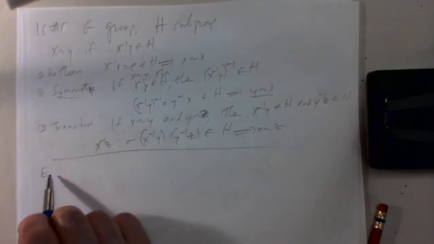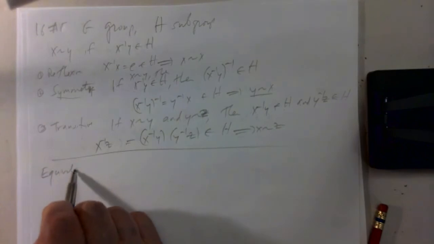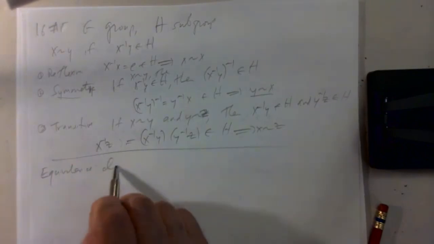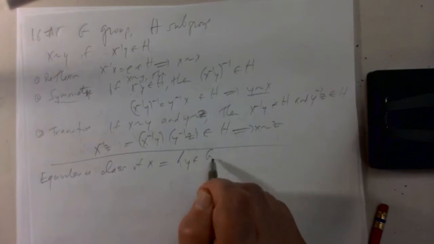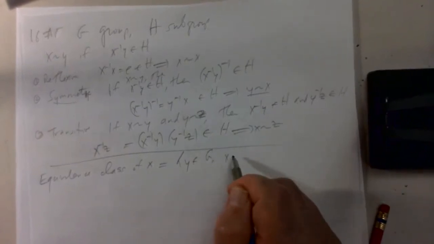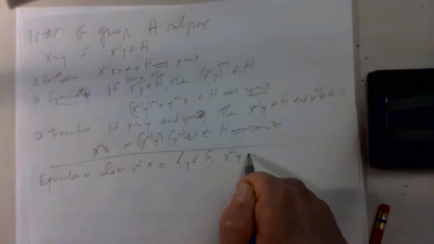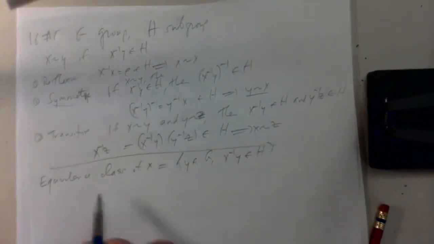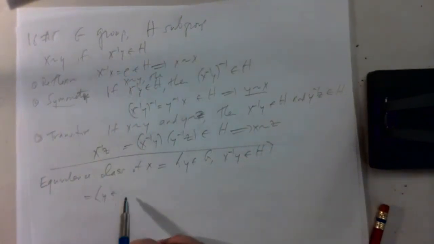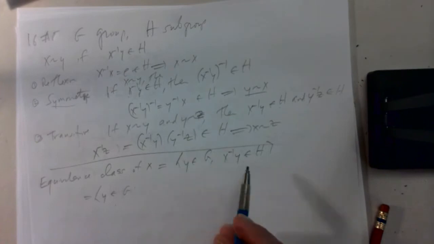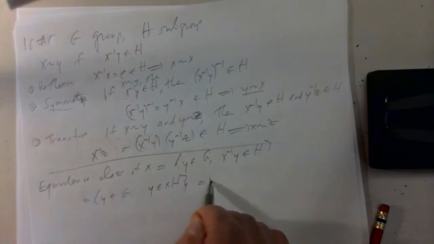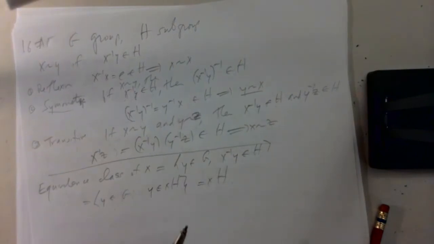And what is the equivalence class of X? This is the set of all y in the group such that x inverse y is in H, which is the set of all y in the group such that y is in XH, which just means it's the left coset XH.